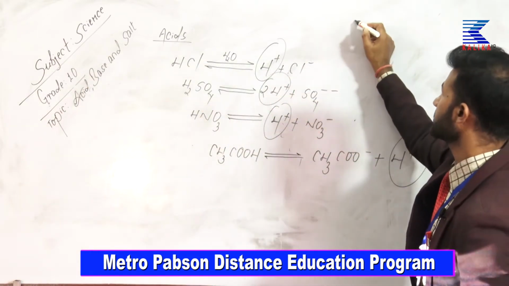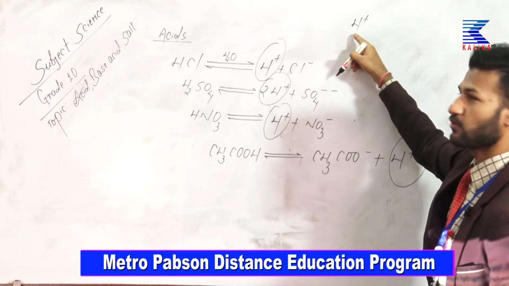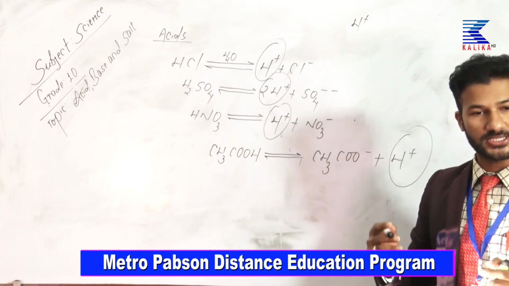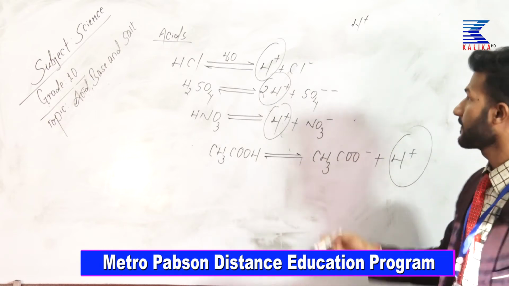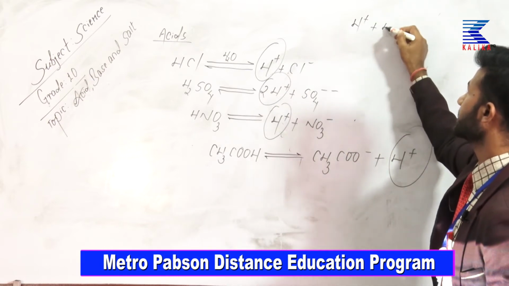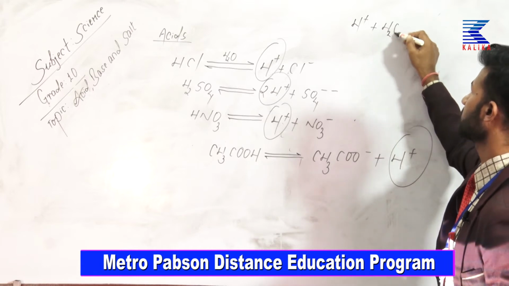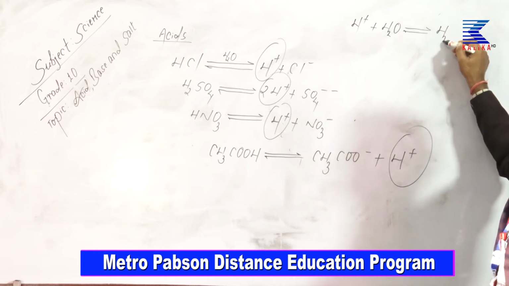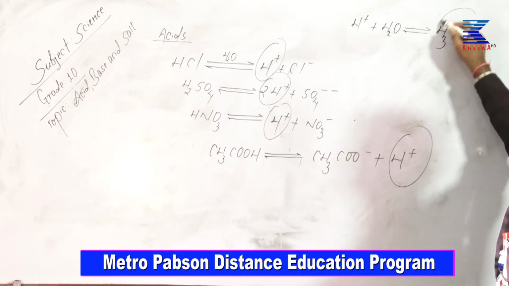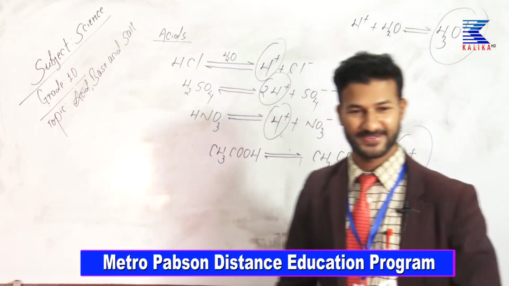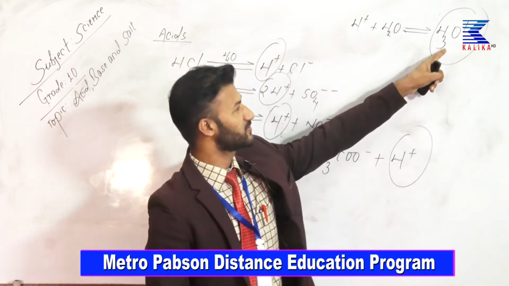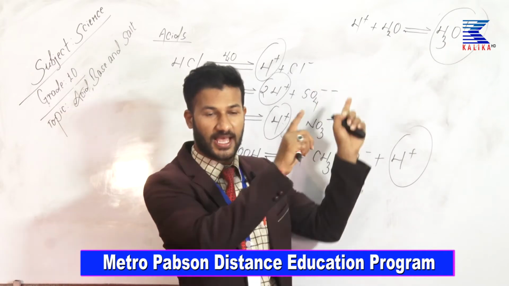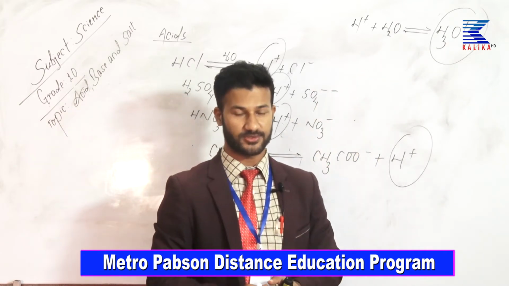Let me tell you some more about this hydrogen ion and making our tongue feel sour taste. Actually, when this hydrogen ion is released in water, since it is very reactive and unstable in nature, it immediately reacts with water and forms H3O plus ion. This is hydronium ion, which immediately forms as soon as hydrogen ion is released in aqueous solution.